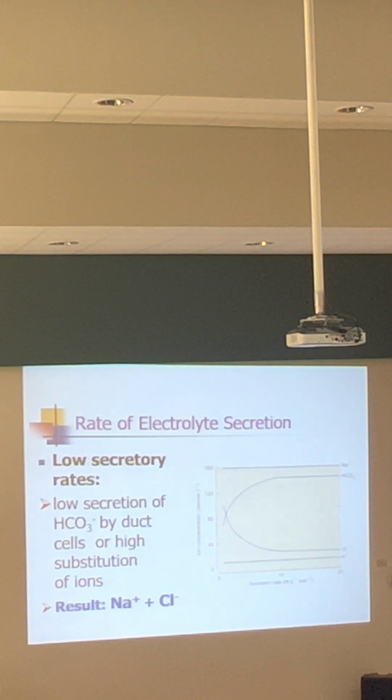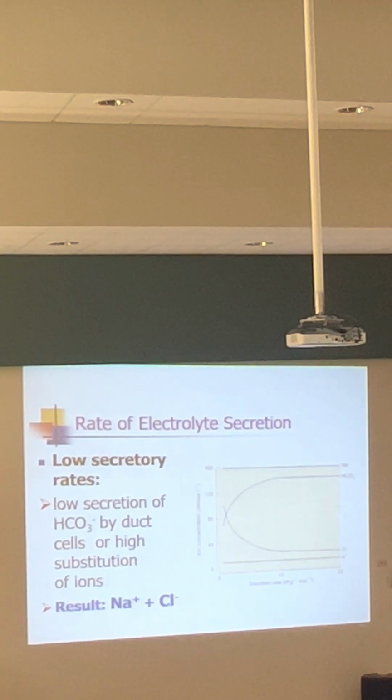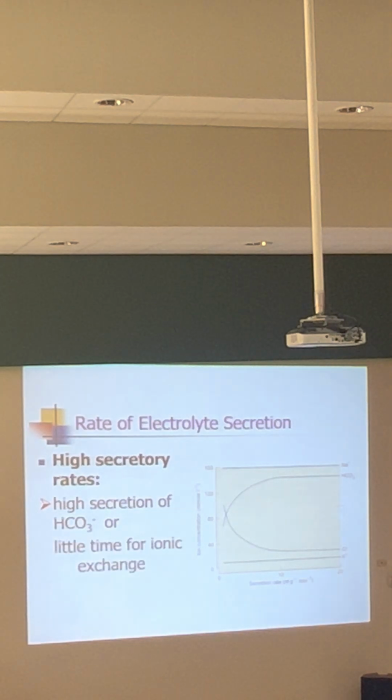And the other theory is that the acinar cells produce a small secretion of sodium chloride. There's not much stimulation for bicarbonate secretion by the ducts, and so chloride and sodium predominate. And just the opposite for high secretory rates, where the sodium chloride secreted by the acinar cells is overwhelmed by the stimulatory secretion of bicarbonate by the duct cells.